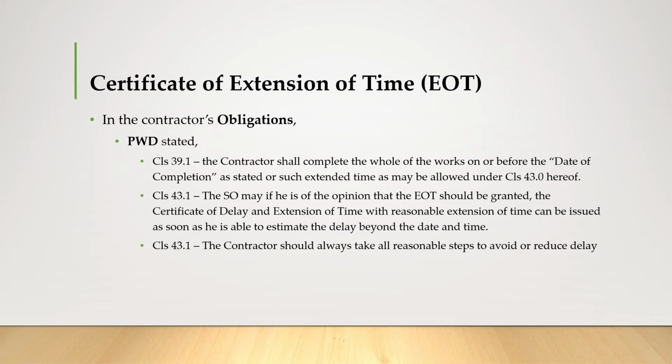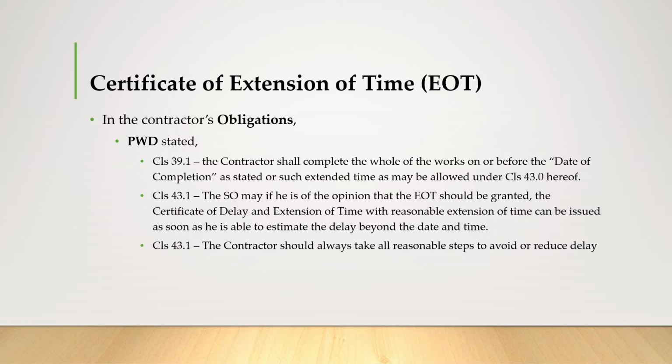In the second standard form of contract, PWD, the contractor's obligations are stated in clause 39.1. The contractor shall complete the whole of the works on or before the date of completion as stated, or such extended time as may be allowed under clause 43.